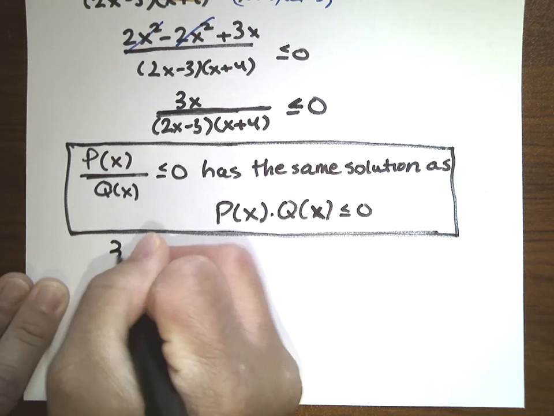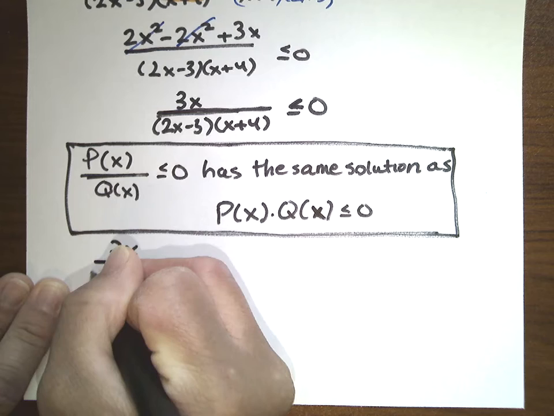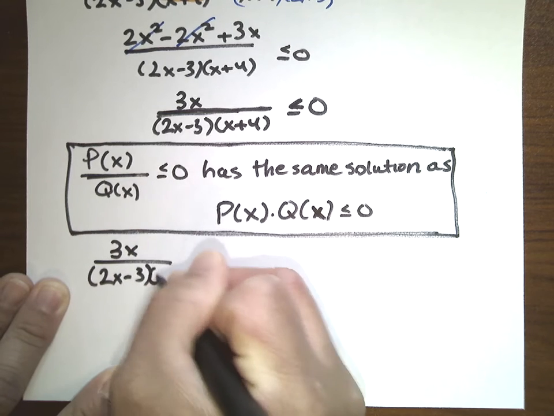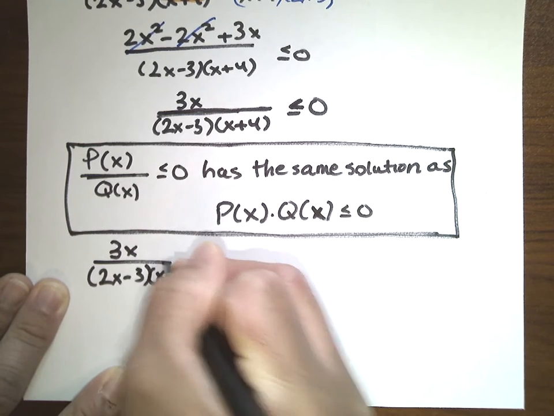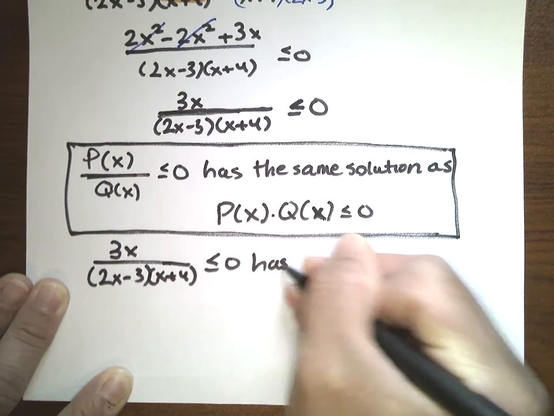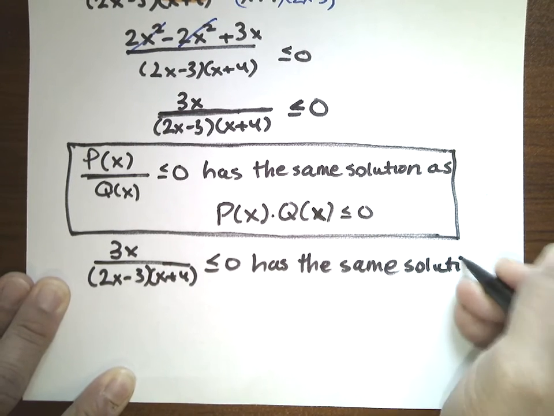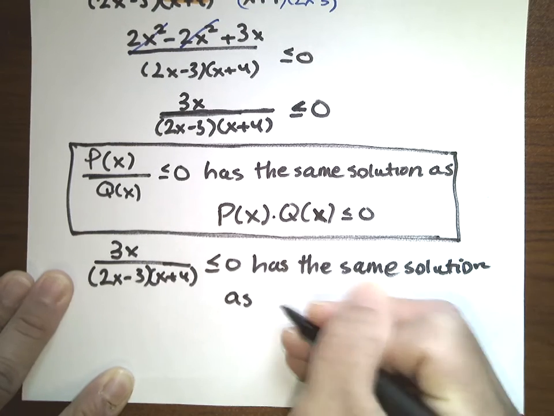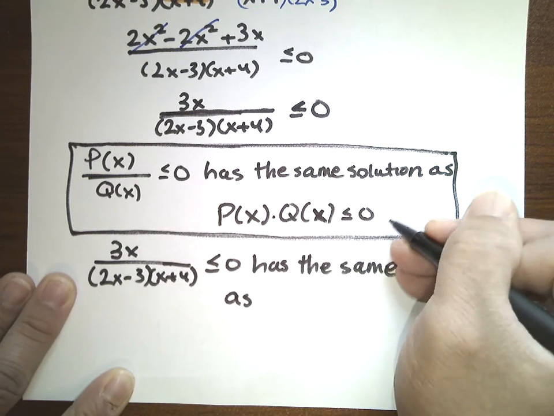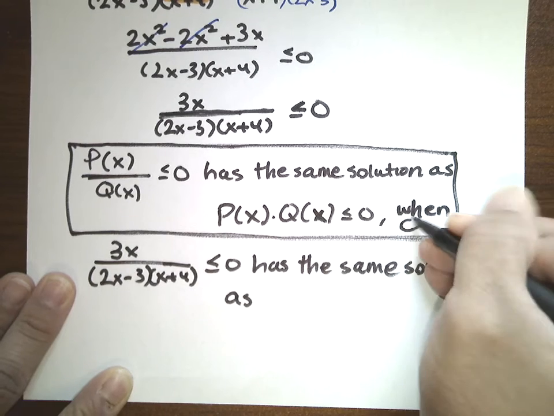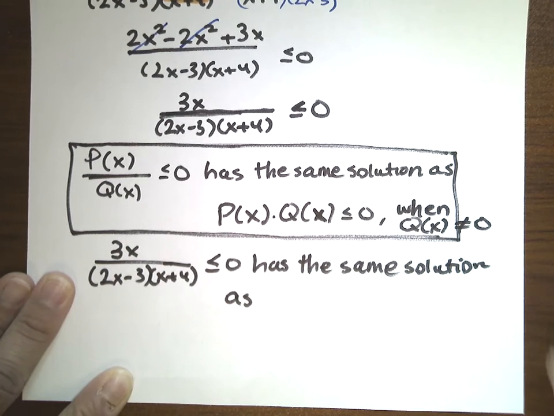All right, now, what does this tell me then? That means that 3x over 2x minus 3 times x plus 4 less than or equal to 0 has the same solution as 3x times 2x minus 3 times x plus 4 less than or equal to 0, and this is, by the way, when the denominator is not equal to 0.